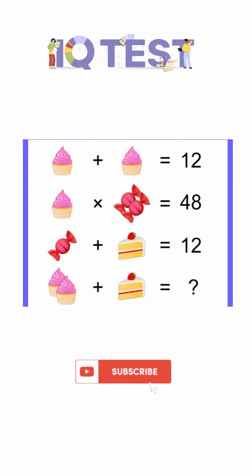What is the final answer? So who can give me the final answer? So we have 2 cupcakes, which is going to be 6, plus the cake, which is 8.